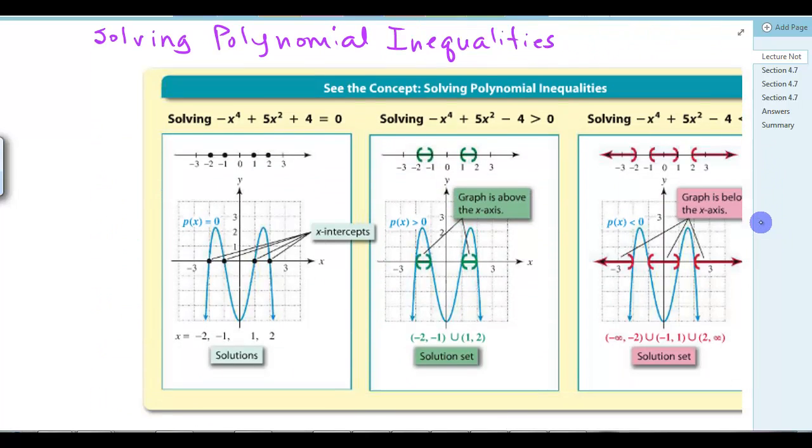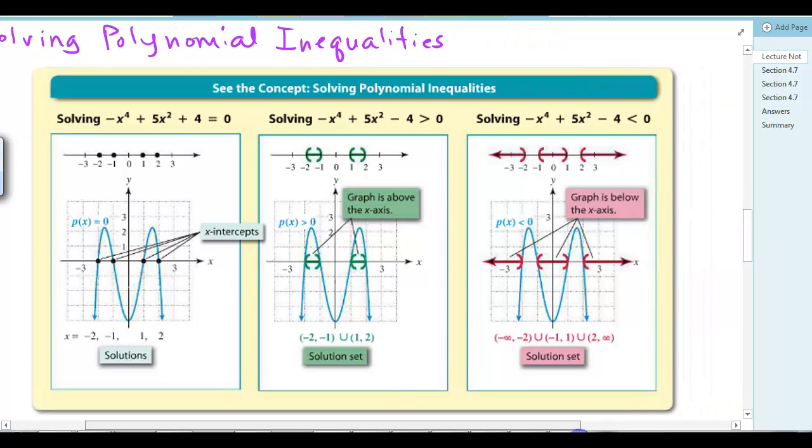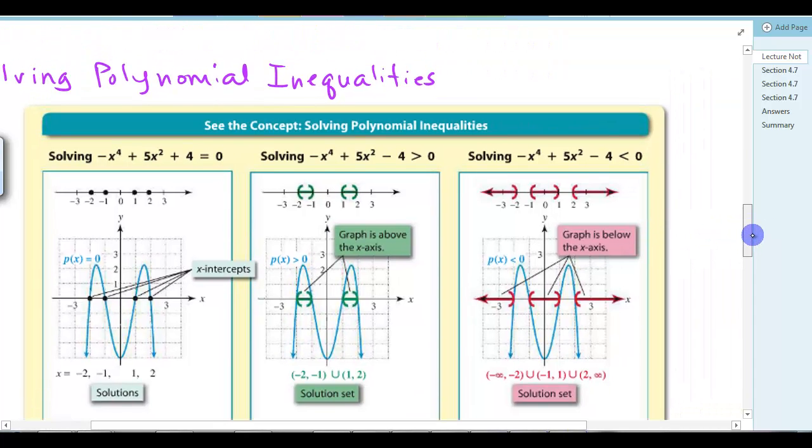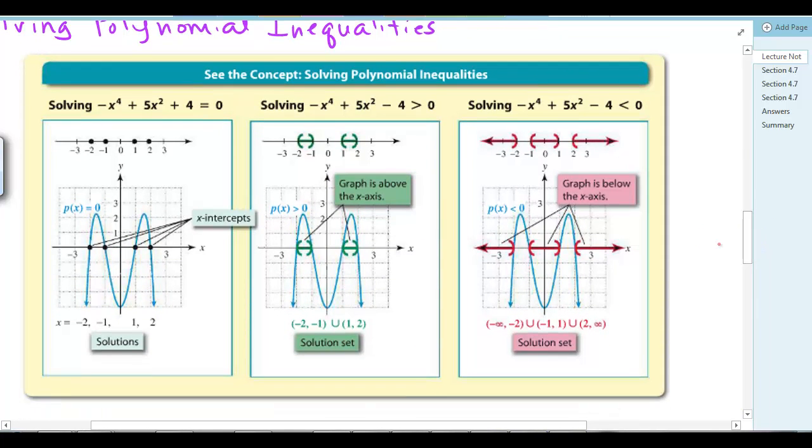Now, when we look at polynomial inequalities, let's look at what's in this concept chart. So here's the difference. If we're solving negative x to the fourth plus 5x squared plus 4 equals 0, and we put it in the graph, and we get our shape, it is these 4 points that are the x-intercepts that are our solutions.